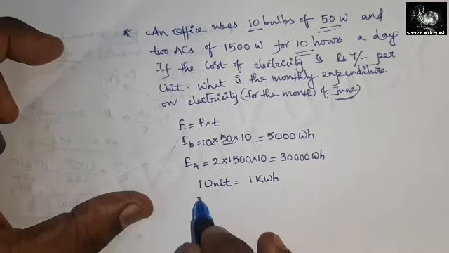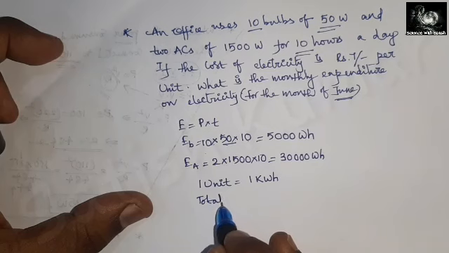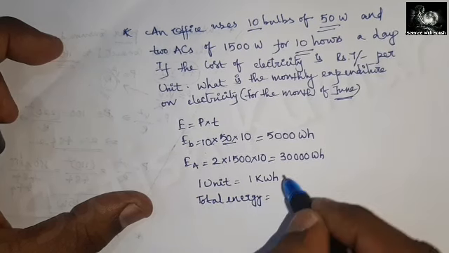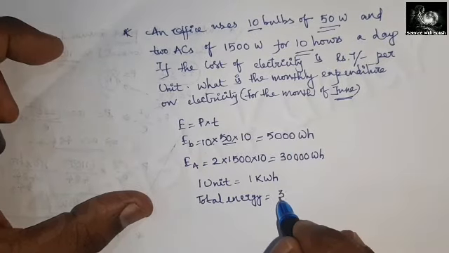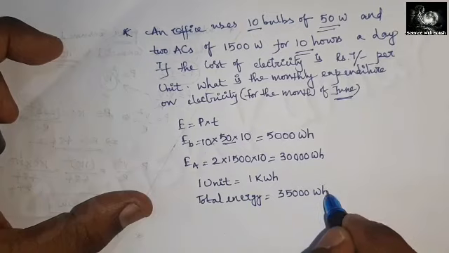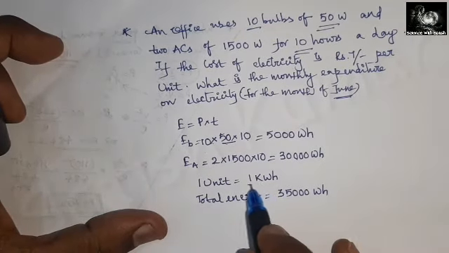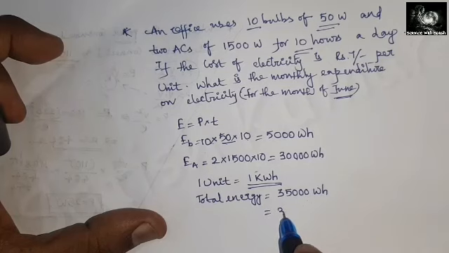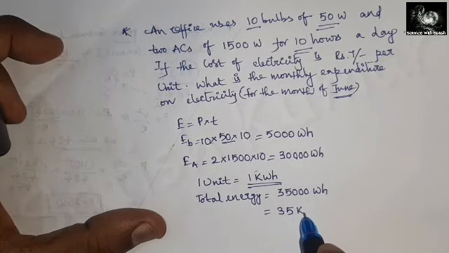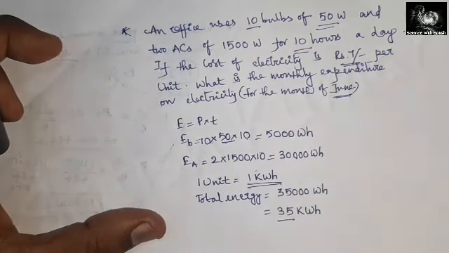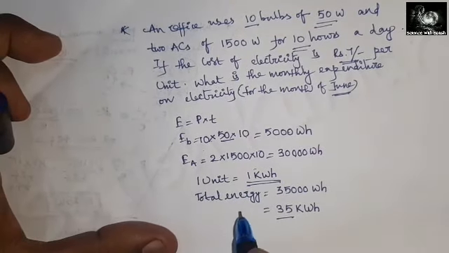So the total electrical energy here is 30,000 plus 5,000. So, 35,000 watt hours. So I want it in kilowatt hours, kilo means 1000. So it is equal to 35 kilowatt hours. So the cost of electricity is rupees 7 per unit.